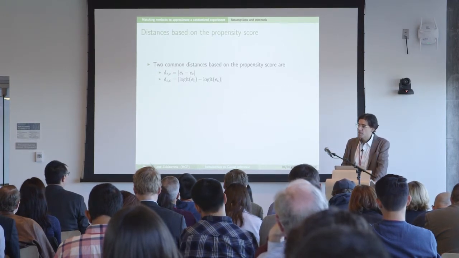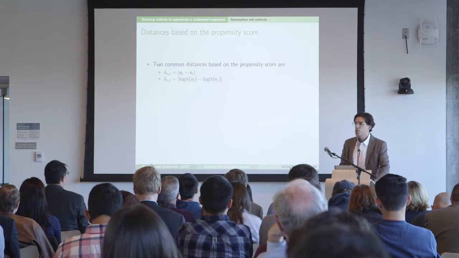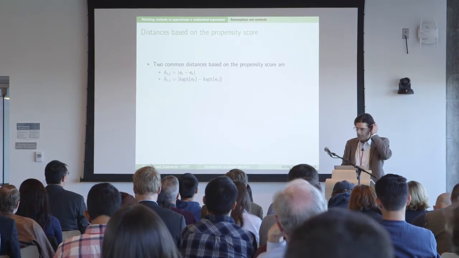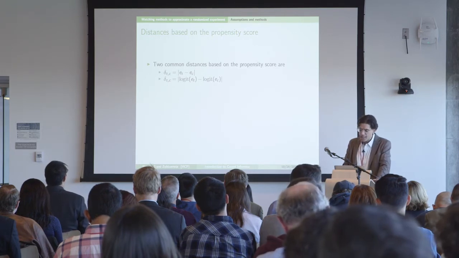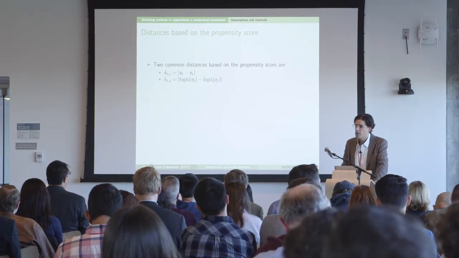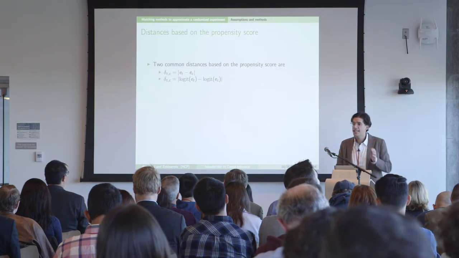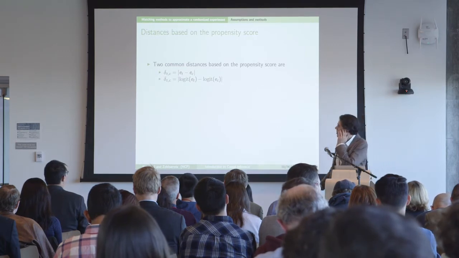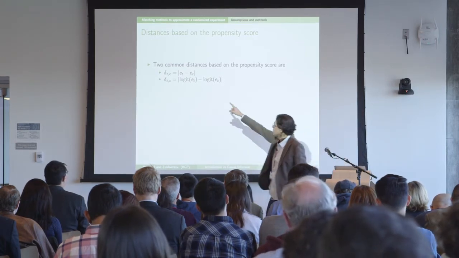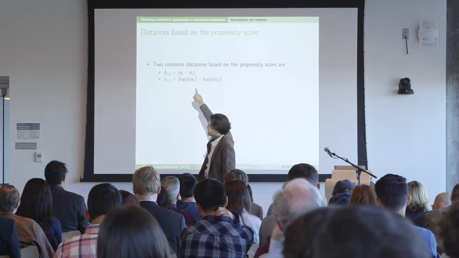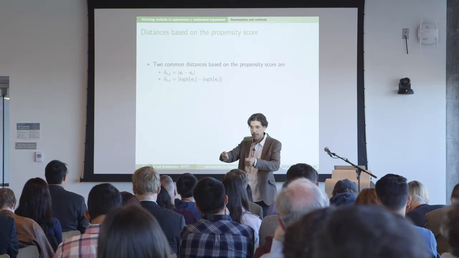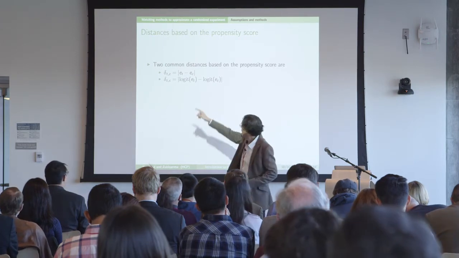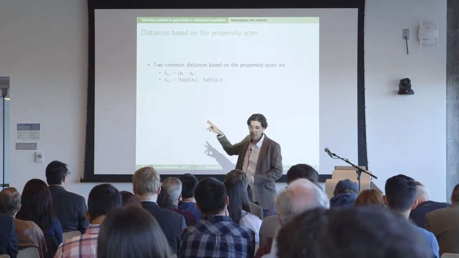Because of these properties, the propensity score is widely used in practice, often in matching, in weighting, and in regression. When it comes to matching, the way we work with the propensity score is by defining a distance between the propensity score of a given treatment unit T and a control unit C. So if you're treated and you're control, I estimate the propensity score for both of you, and I compute the absolute value difference between the two of you.